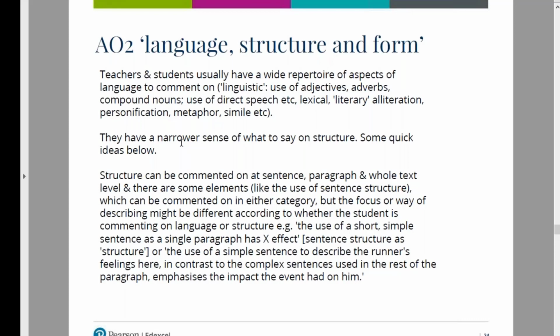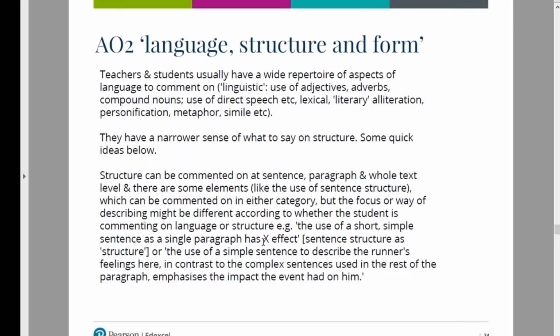I've got just some wording here which explains how things work. In general everyone's usually happy about language. I know what to write about for language. I can name parts of speech like adjectives, adverbs. I can look at literary terms like alliteration, personification, etc. But on structure, students often have a narrower repertoire of what to say.